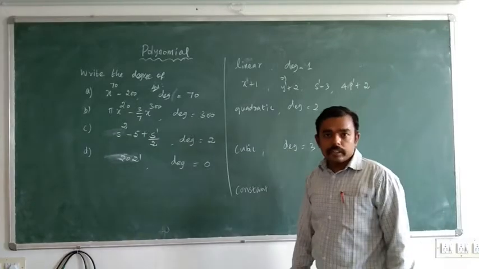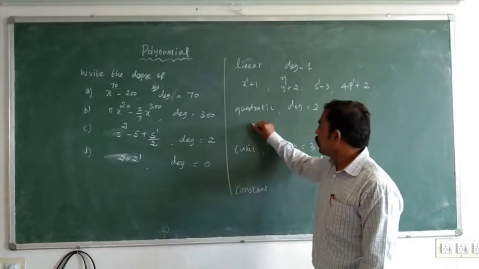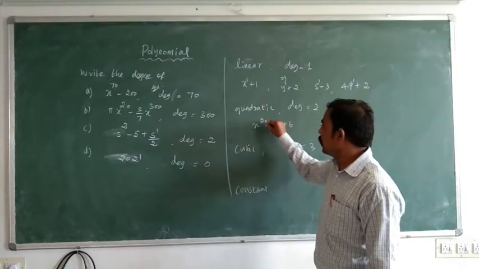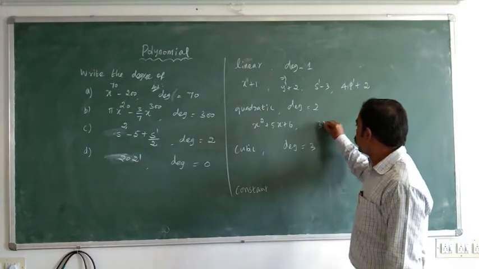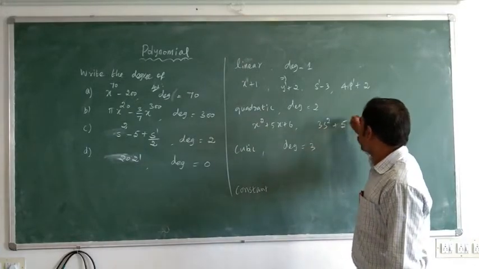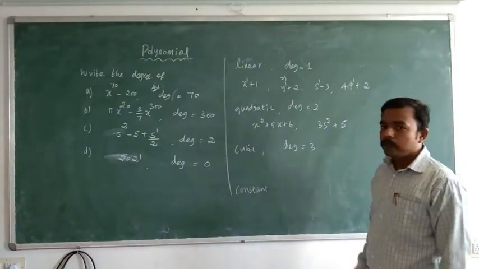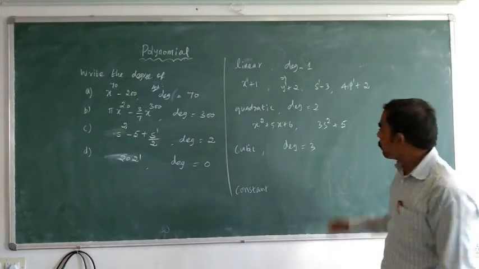Similarly, quadratic polynomial, we have degree 2 in place, we can tell this is a quadratic polynomial. So x squared plus 5x plus 6. Check the degree 2. It's an example of quadratic polynomial. Suppose 3s squared plus 5 without s term. We need to write the degree 2. So automatically we can tell it's a quadratic polynomial.